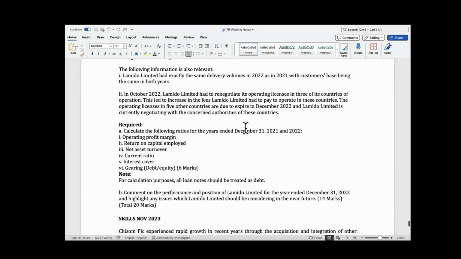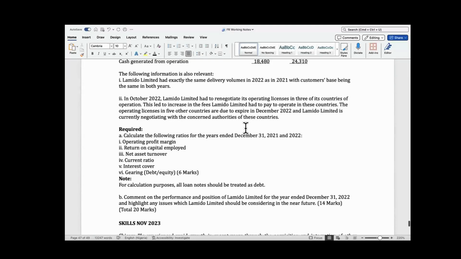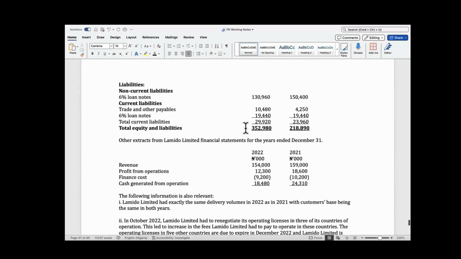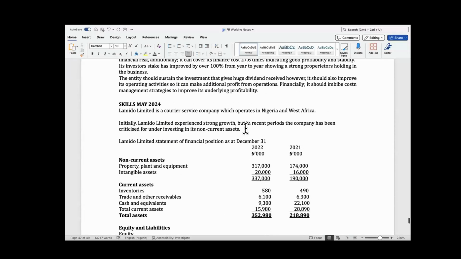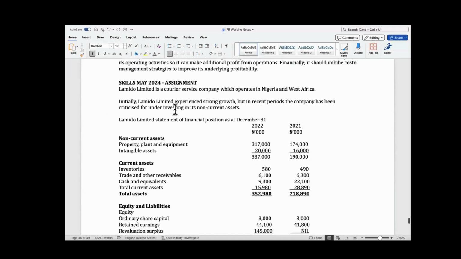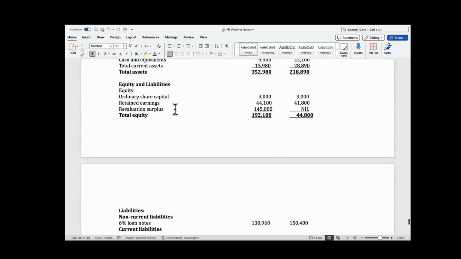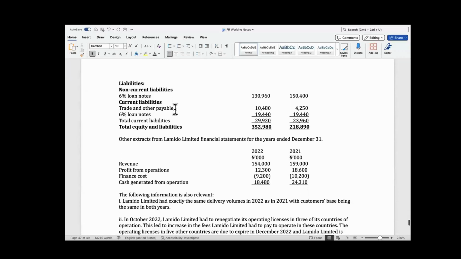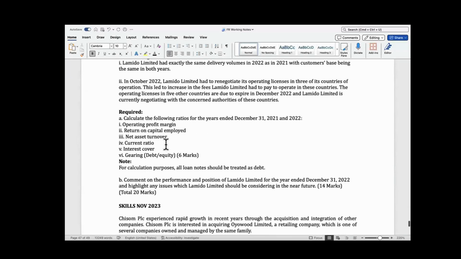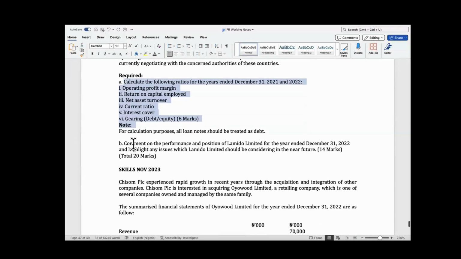Now, they asked another May 2024 again, but this is too similar to what we have been doing. So I will give you this as another assignment, making two second assignments. I would share the solution with you, but I will not put the solution when I'm sending the note. I just want you to try it. They just ask you to calculate these ratios. We have calculated it over and over again, and they said you should make comments.